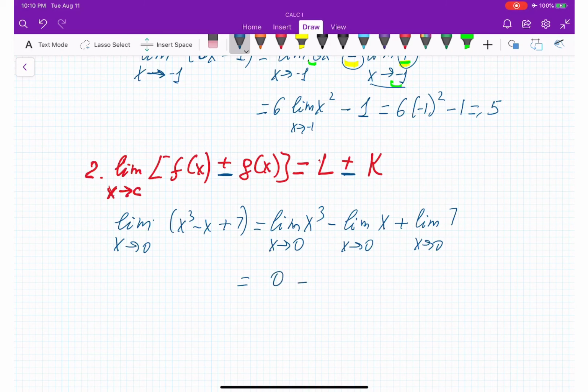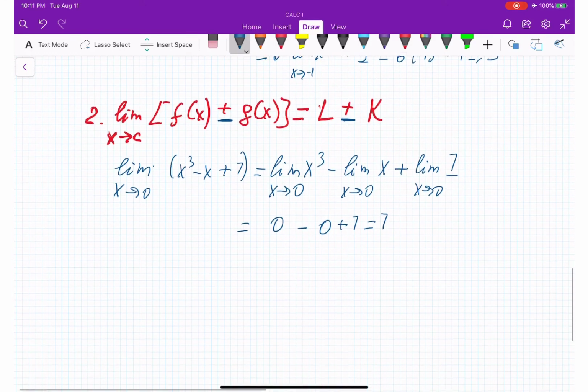Minus the limit of x as x approaches 0, so it's going to be 0, plugging in 0. And the limit of 7, it's a constant, has nothing to do with the limit at all, so 7 comes out with no problem. And the answer is going to be 7. So in this problem, I used the difference and addition properties.